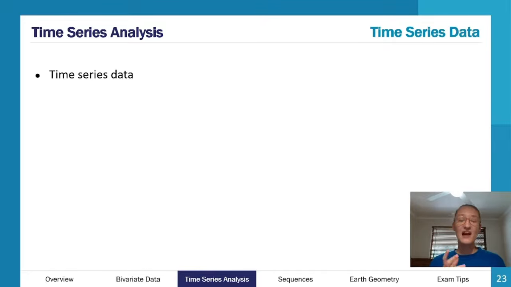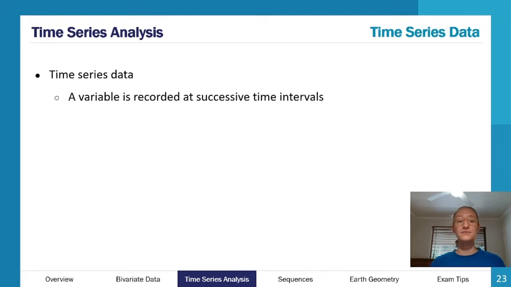Time series data. It is a whole new topic, but the awesome news is that a lot of it is actually quite similar to topic 1, bivariate data, because time series data is still bivariate data. It's just a special kind of bivariate data.